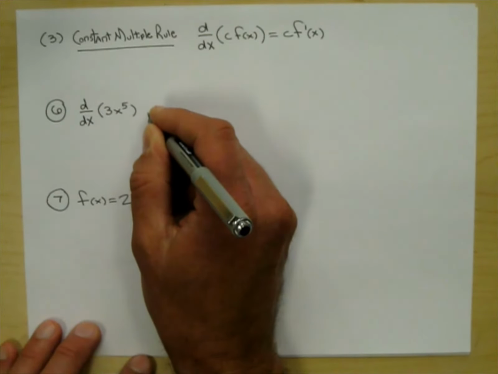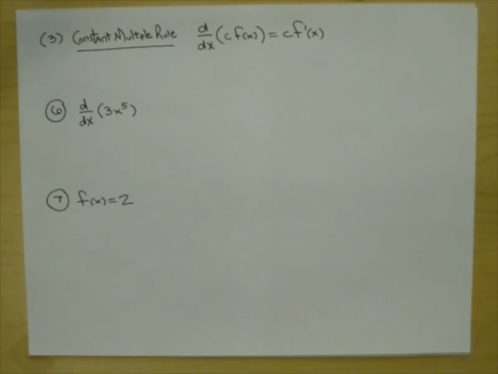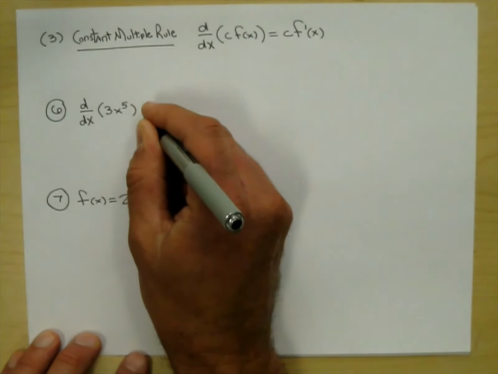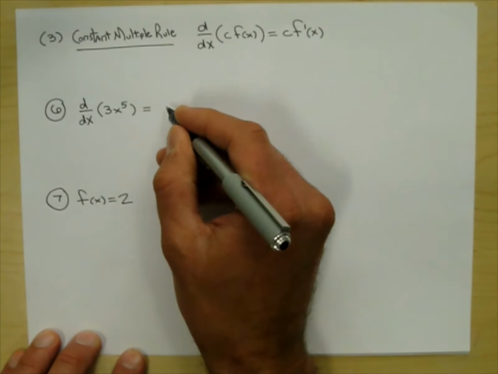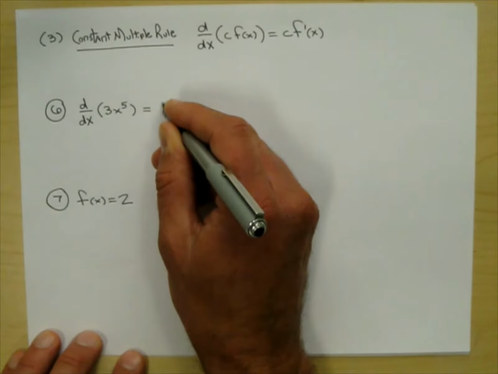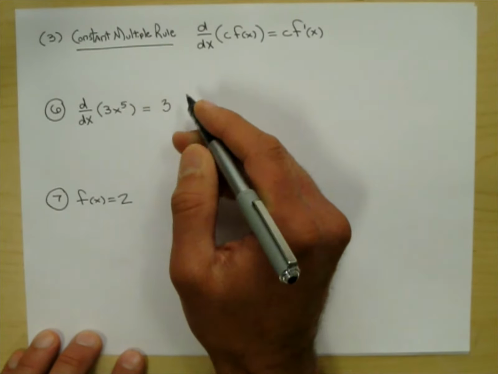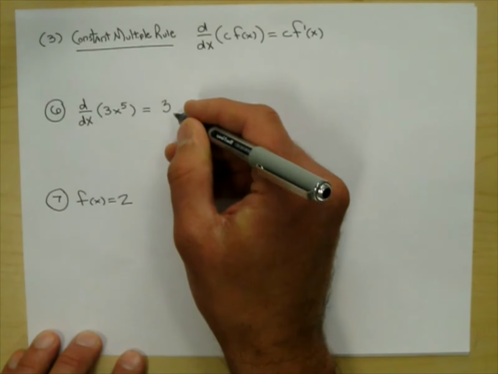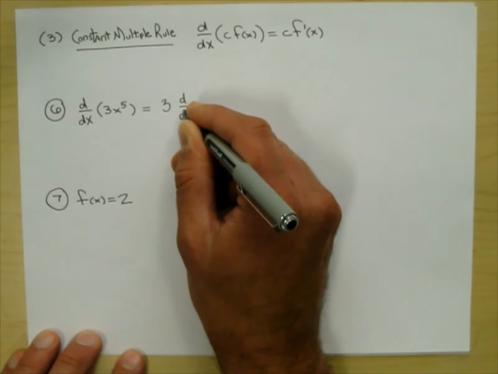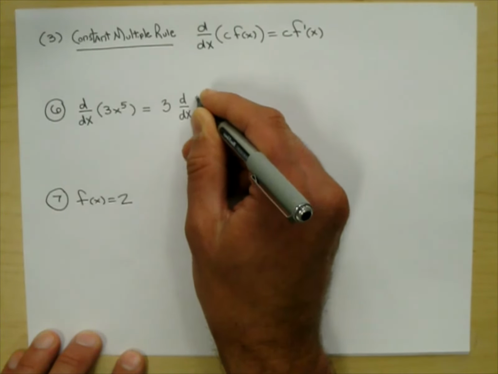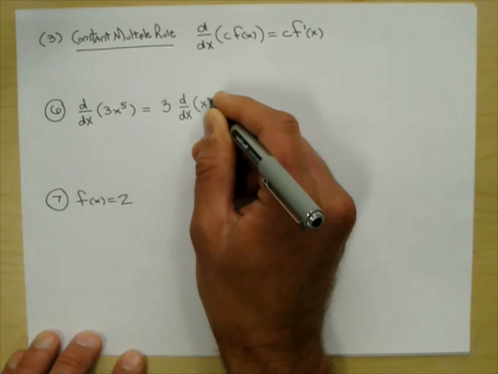So basically, what we do when we get something like that is we write the 3 there, and then take the derivative of x to the fifth. So I'm going to do a step that a lot of people don't write, and I probably won't write this in the future.